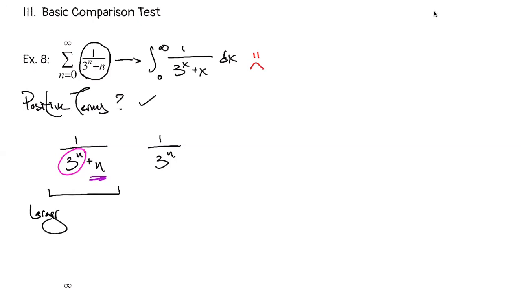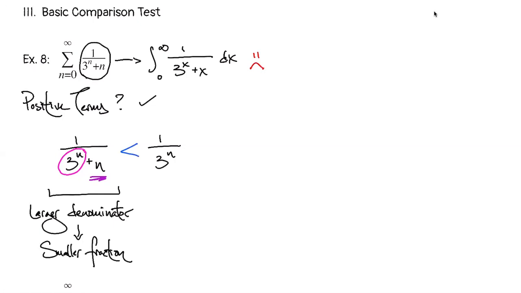So a larger denominator means a smaller fraction, so the one we came up with that looks similar is actually larger than the one we started with.